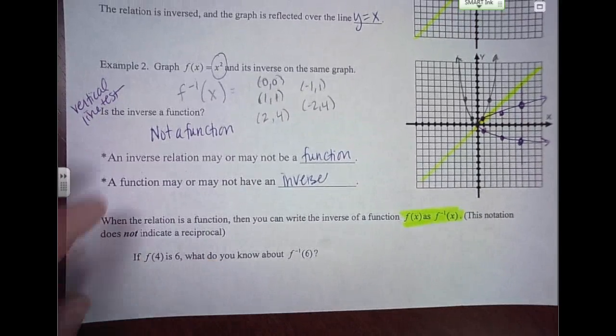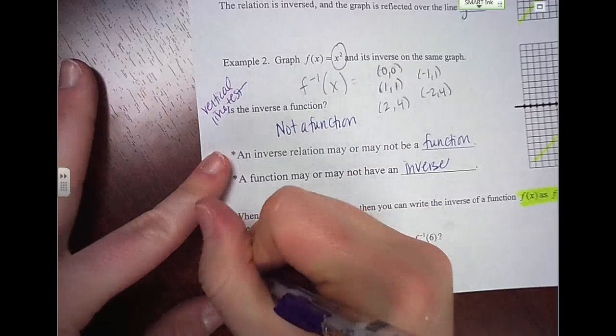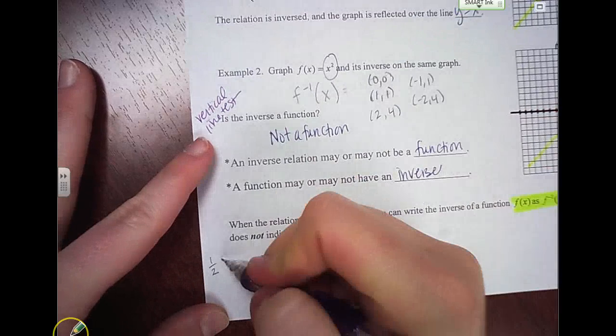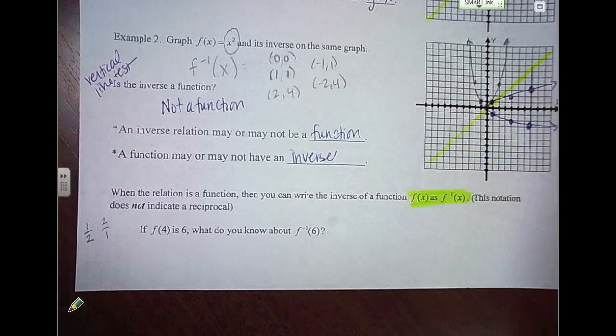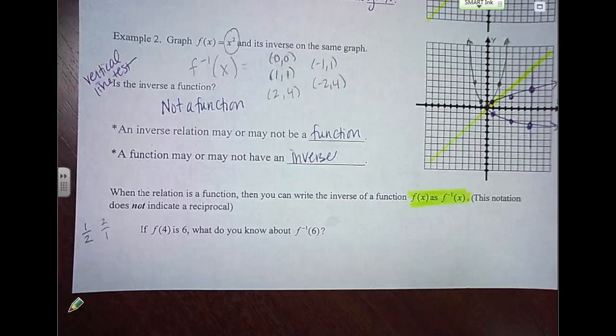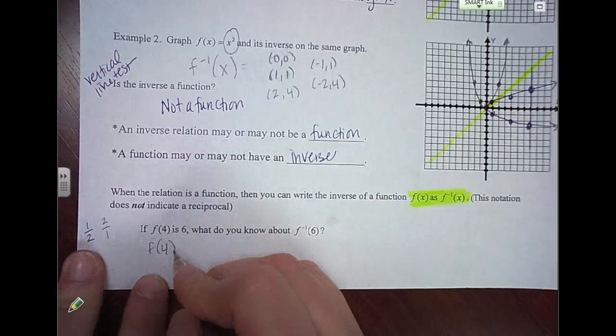It says it does not indicate a reciprocal. So if we're talking about like 1/2, and we flip it and do 2/1, that's not what we're talking about here. We're talking about the actual inverse function or inverse relation, okay? So it says if f of 4 is 6, this is telling me f of 4 equals 6.